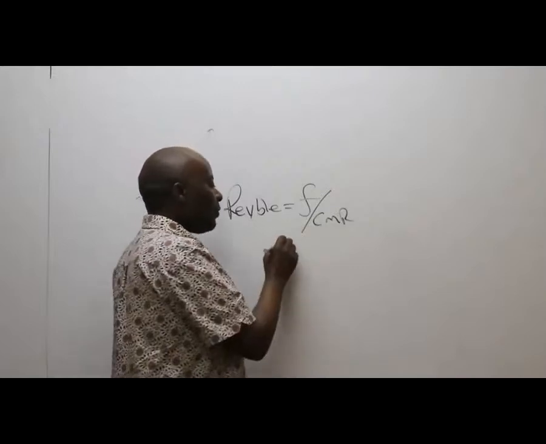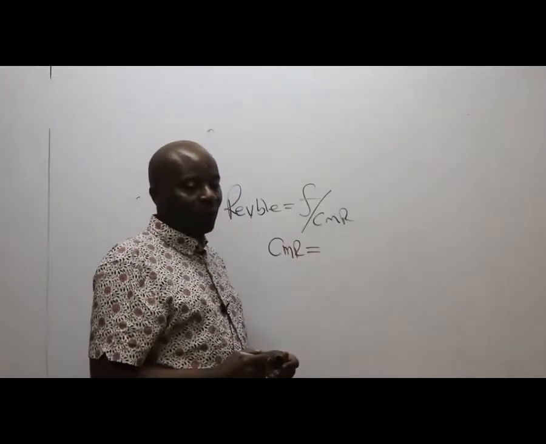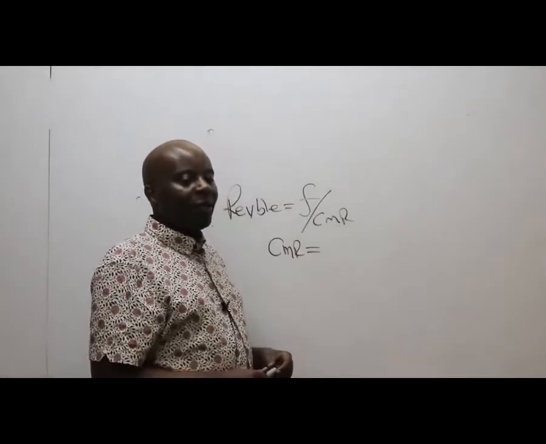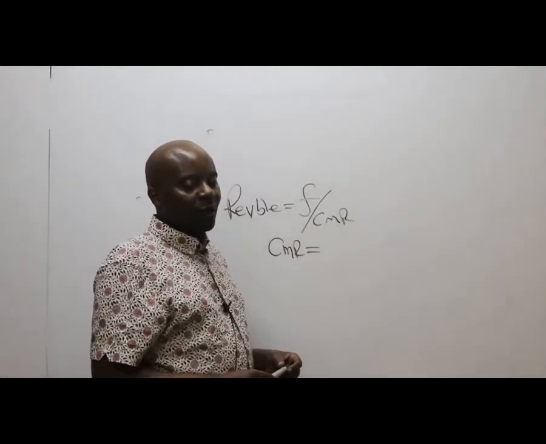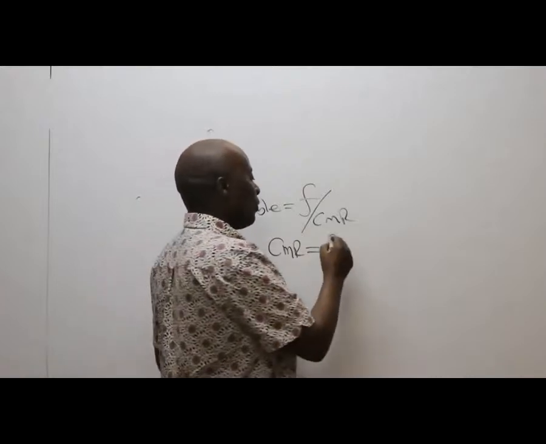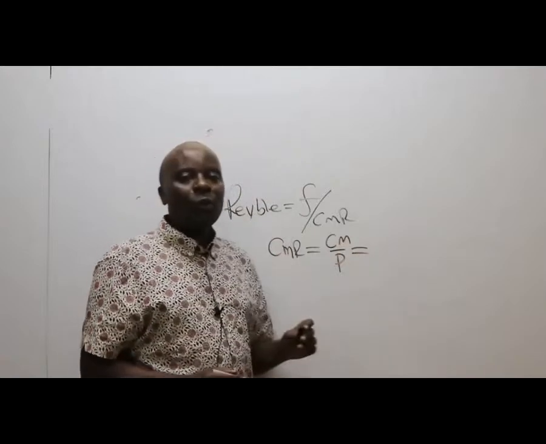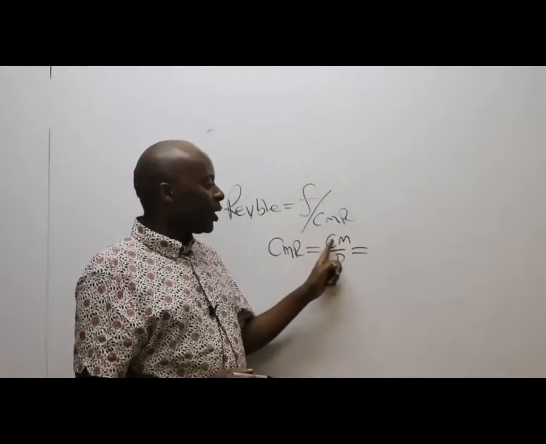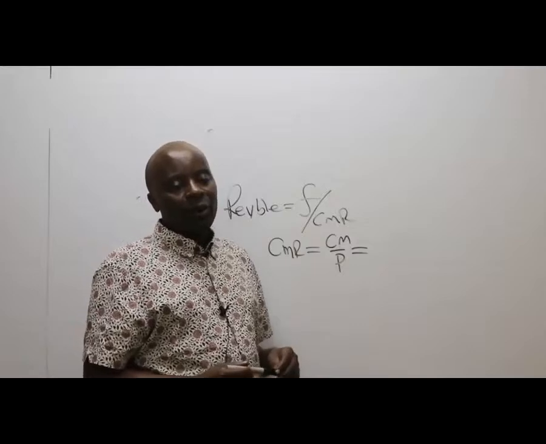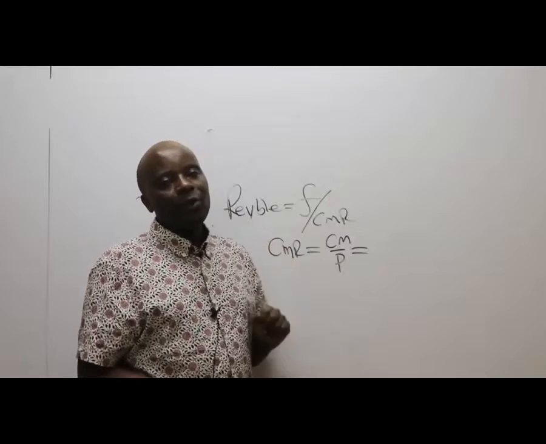And this CMR, is there anybody who is able to remember the formula? The contribution margin ratio formula. Yes, it's CM over price. Thank you very much. In this question, is there anybody who can remember our CM value?